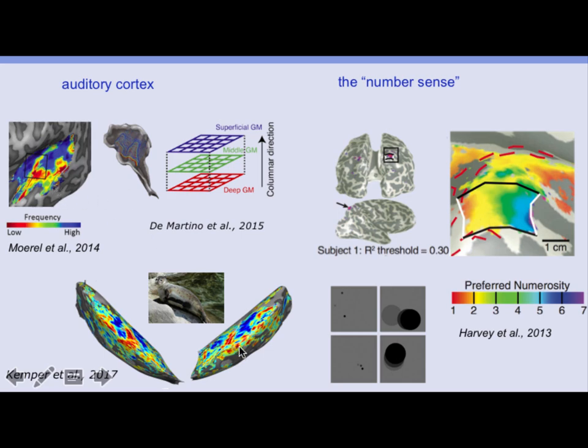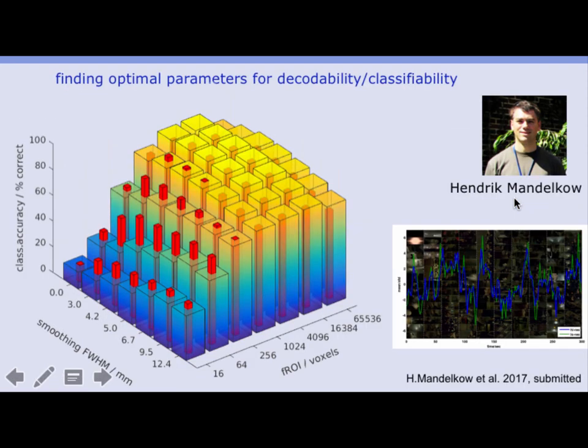And looking at all these fine scale patterns obviously raises the question, which kind of resolution do we actually need to see those? So obviously if everything is blurred in a big blob, you don't see anything because it's just averaged out. And the question, which kind of resolution do we actually need, is also a question that Hendrik, sitting in the last row here, is interested in, also a postdoc at NIH. And I asked him about it and he sent me like 20 slides or so. So I believe that the answer to the question, which kind of resolution do we need, is complicated. It depends on a lot of things and there's not a single number.